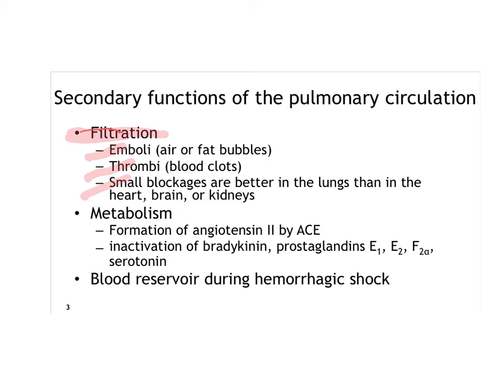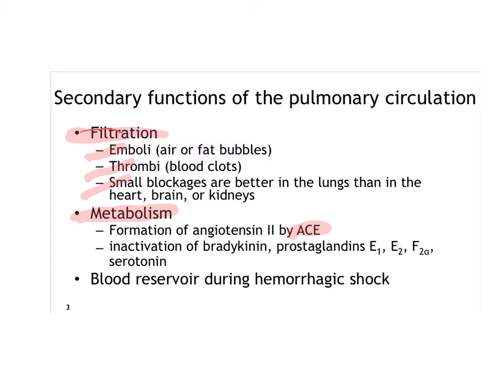We also realize that it plays a role in metabolism. For example, remember the chart we did when we looked at the kidney and the fact that we had angiotensinogen, renin converting to angiotensin 1. Well, to get from angiotensin 1 to the active angiotensin 2, it has to be stimulated by the enzyme angiotensin converting enzyme, ACE, and that is produced in the lung.